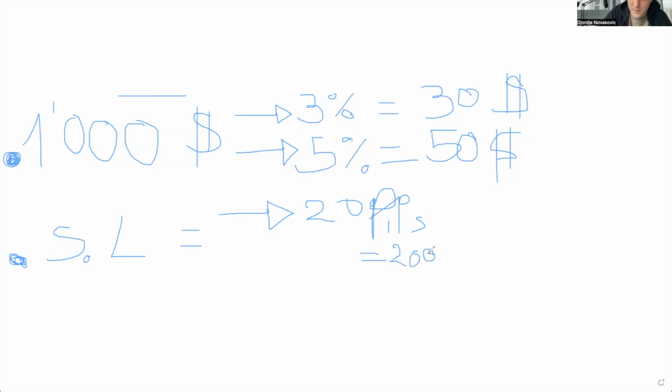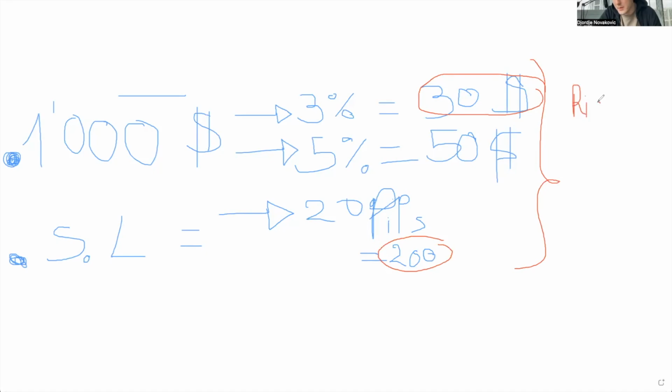You just multiply. And then with those two pieces of information, how much you want to risk and what the micro pips are, you're going to know your lot size by doing a simple formula, which is the risk divided by the micro pips. I'm just trying to make it very simple for you to understand, yeah?